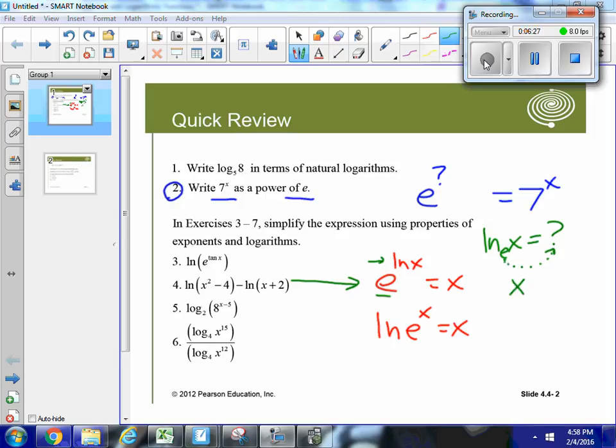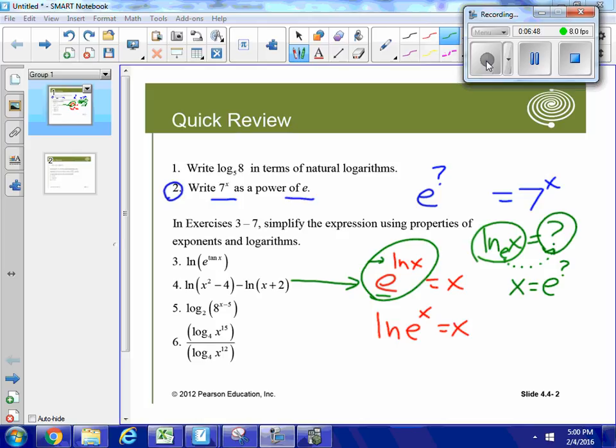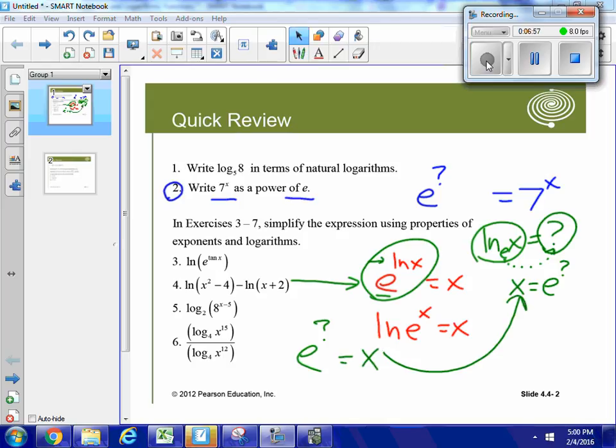So I'm going to have x is equal to e to the question mark. Well, I've already determined that my question mark is the exact same thing as ln x. So this is the same as my e to the question mark, which I've already determined is equal to x. Now, those are a little bit circular.